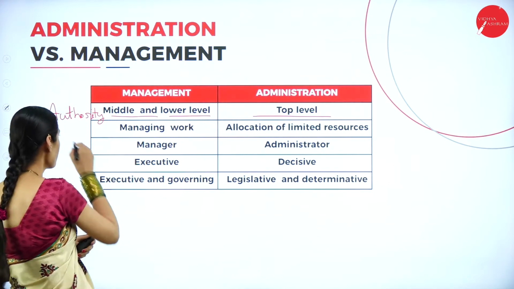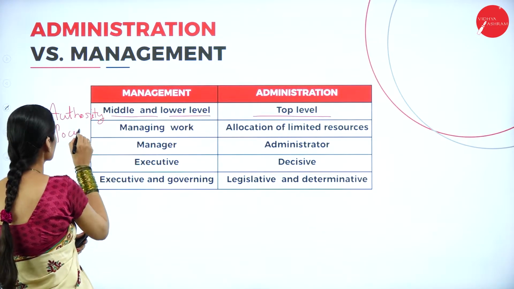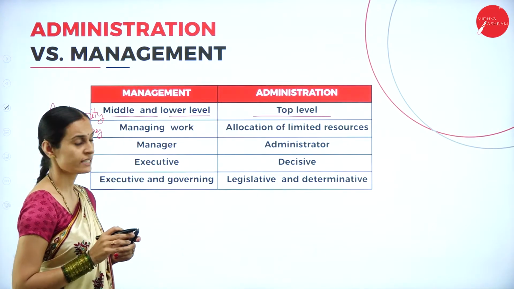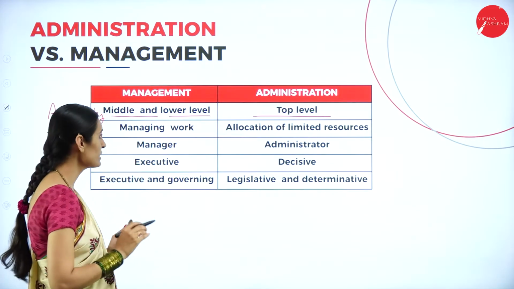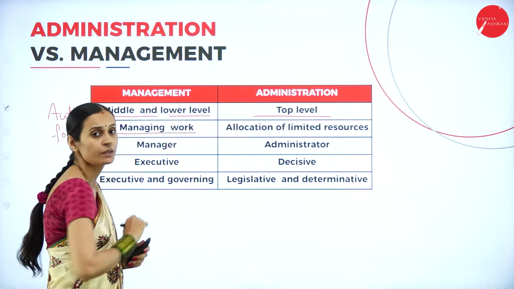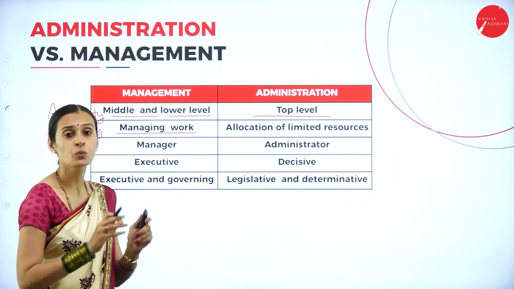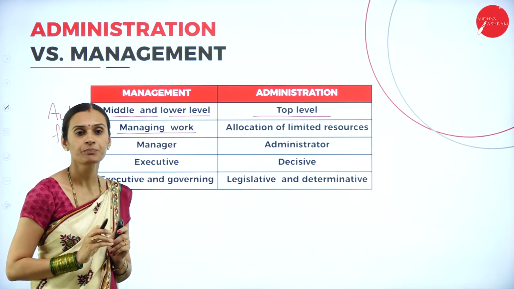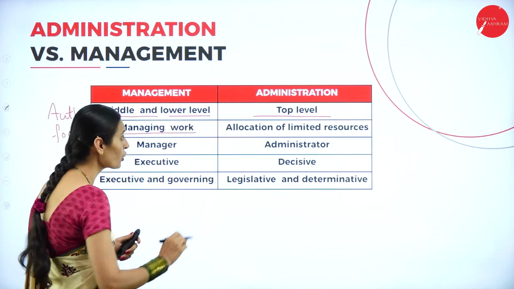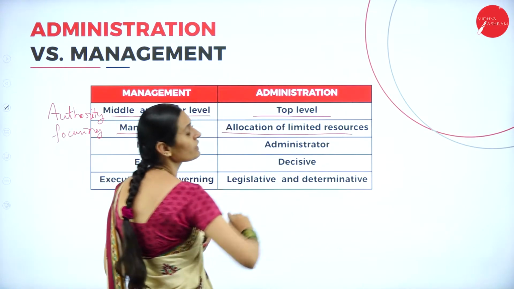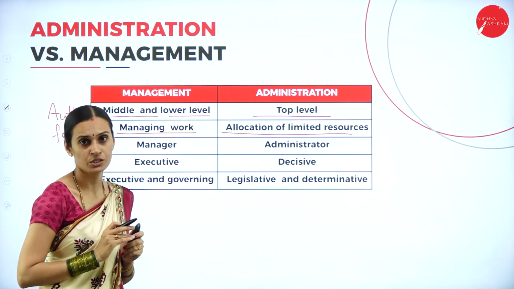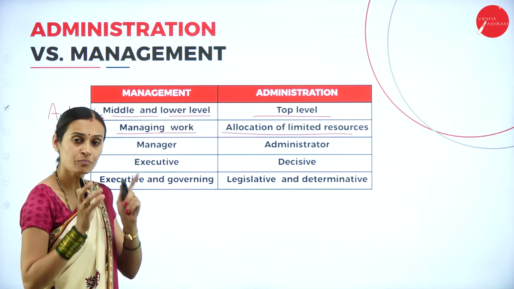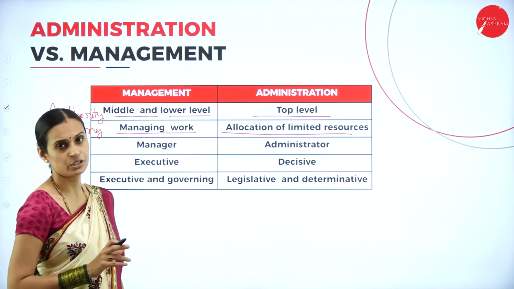On the basis of focusing factor, management means managing the work with the people, with efficiency and effectiveness. And administration focuses on allocation of limited resources for required utilization. That is one of the important objectives of administration.